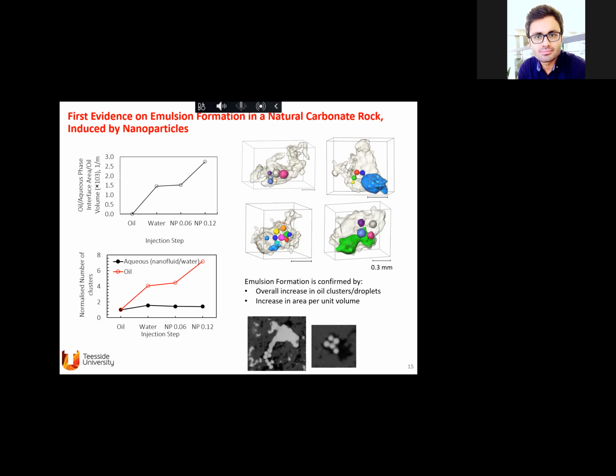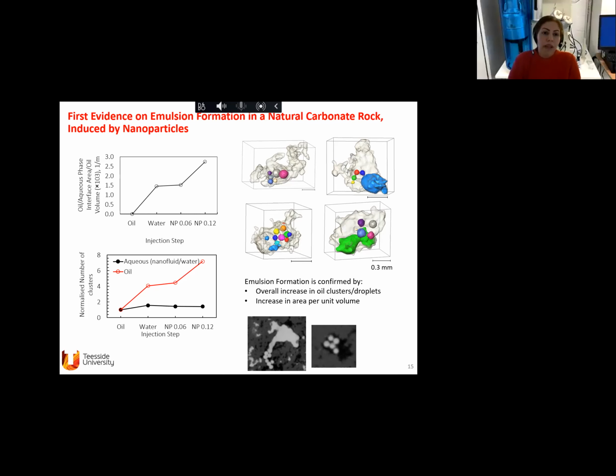Okay. So just to be specific here, before I respond to the question, here I'm showing the normalized surface area. So I'm taking the surface area and dividing it by the total volume of the oil, so it's all comparable. That's one point to look at. But in general, this is what we observed. We injected the nanoparticles and collected an image.